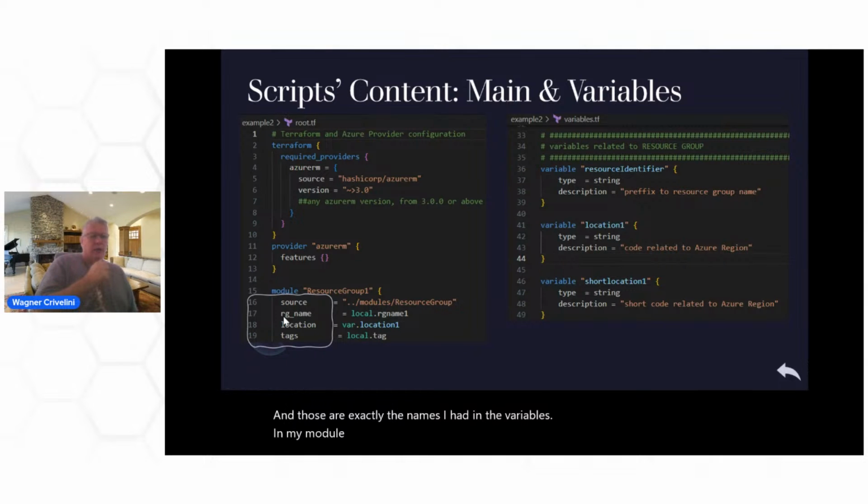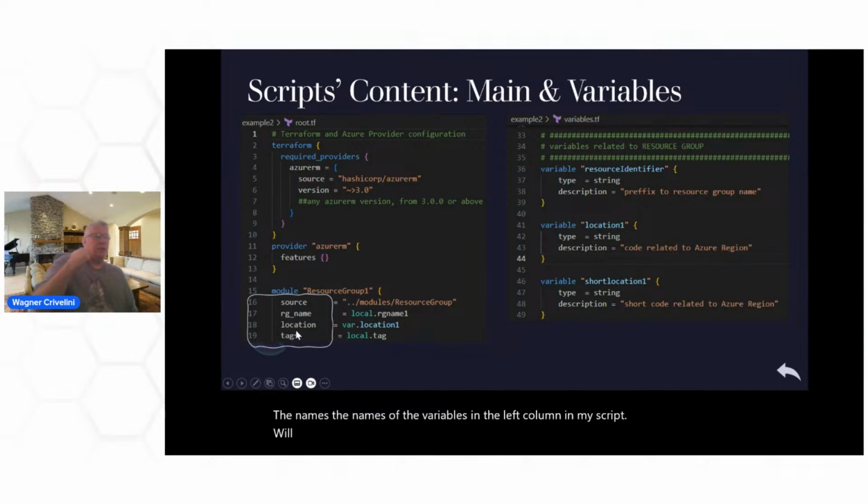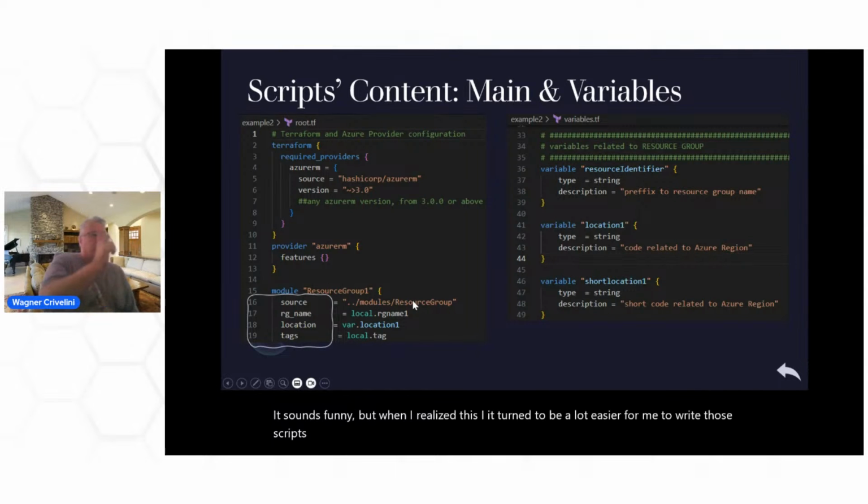Or if you like, the names of the variables in the left column in my script will be the names of the variables in the right column in the module script. It sounds funny, but when I realized this, it turned out to be a lot easier for me to write those scripts. Then let's move on.